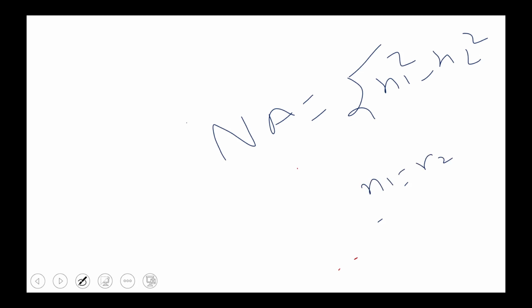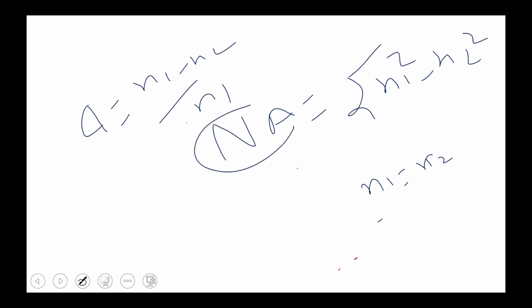Sir, sometimes we write N1 under root 2 del, sometimes N2 under root 2 del. Why do we write sometimes del N1, sometimes del N2? Del is equal to n1 minus n2 divided by n1. So the numerical aperture can be formed like that; in place of n1 and n2 we can use del also.